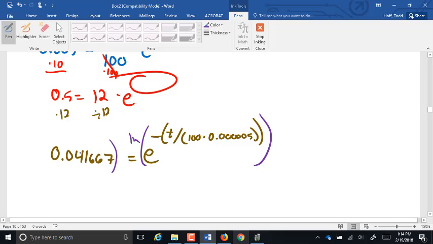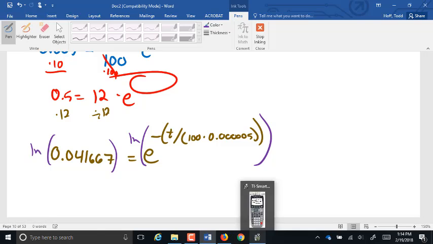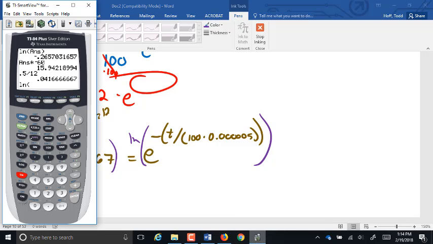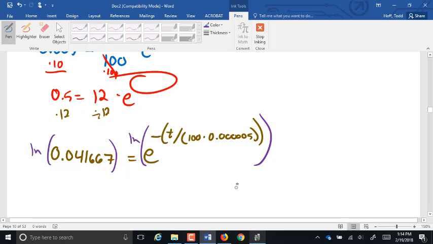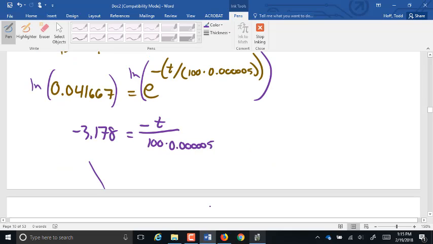Gotta get rid of the e, right? So ln. So ln second answer. Negative 3.178 equals negative t over that. Now since that was 100, we probably could have just combined this to get that if we wanted to.